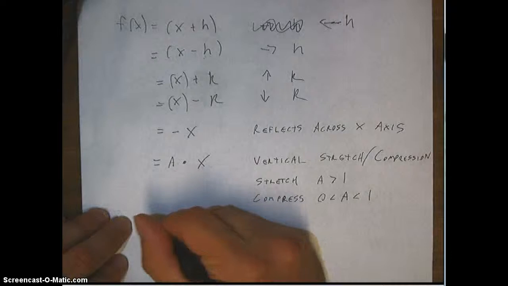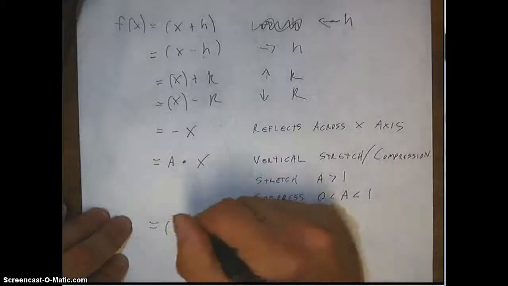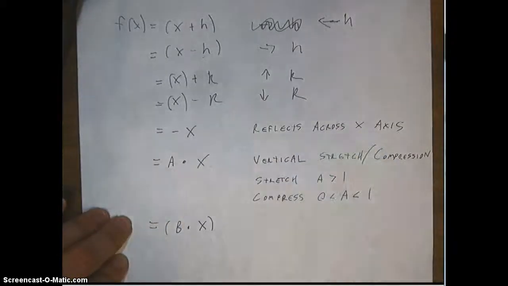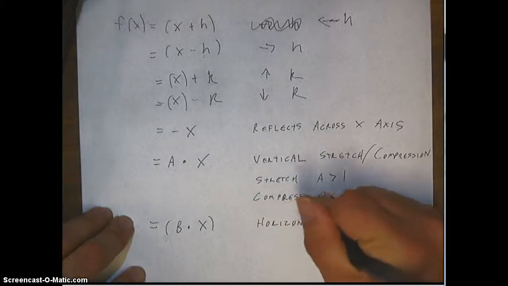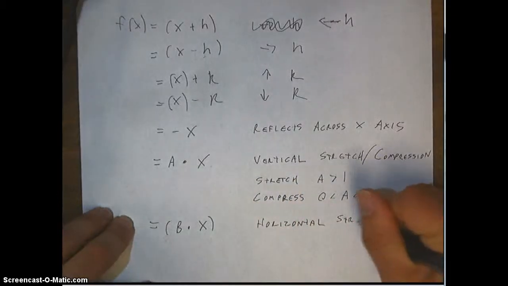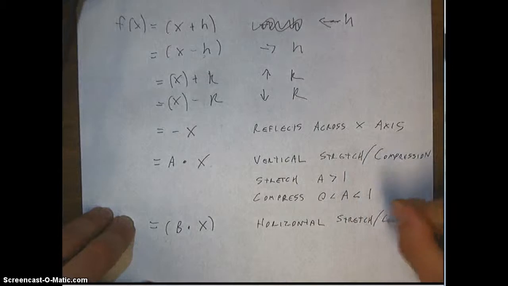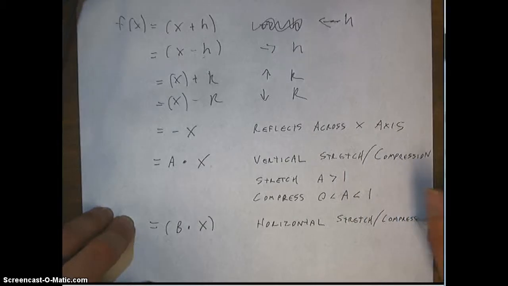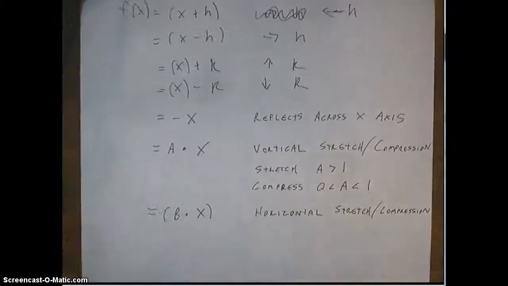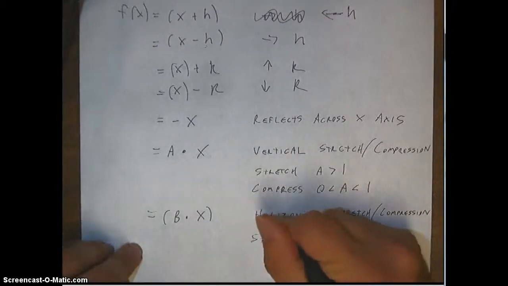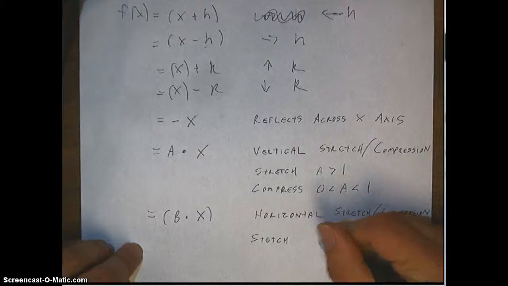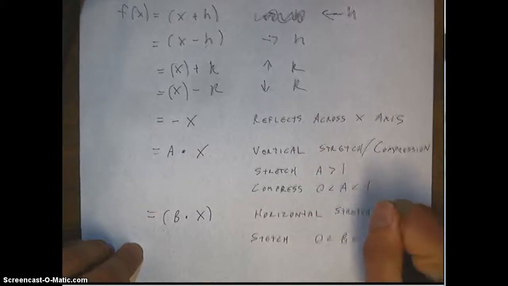2 more. B times x. When it's happening inside the parentheses, it's counterintuitive. And now it's horizontal stretch or compression. And it's a stretch when B is between 0 and 1. So a fraction.